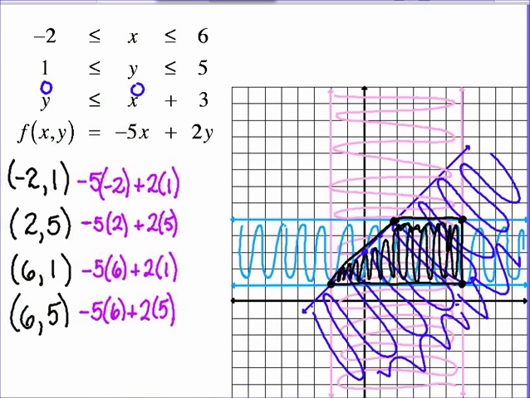Identify what you think the max and the min are. See if your answers match up with mine when you've got them done.